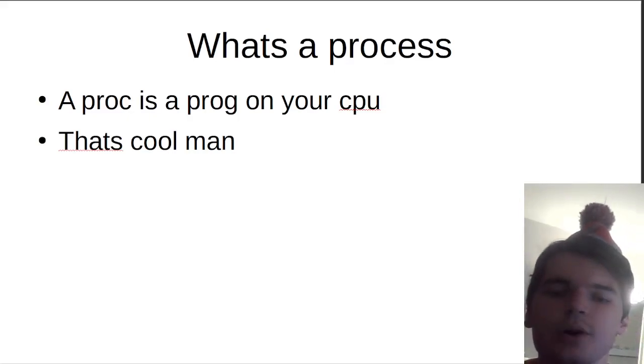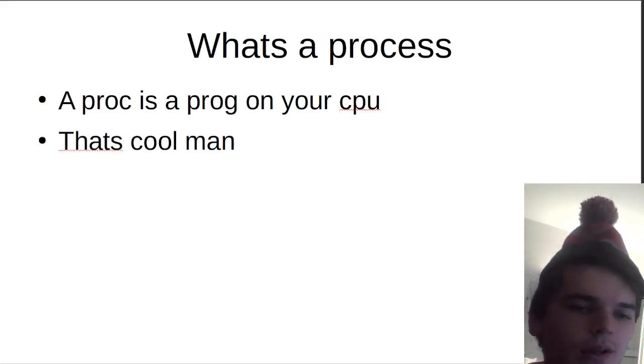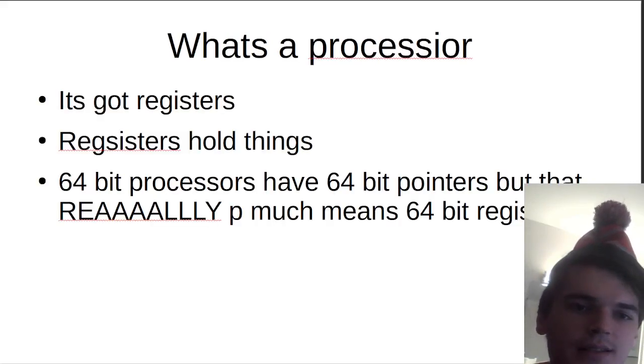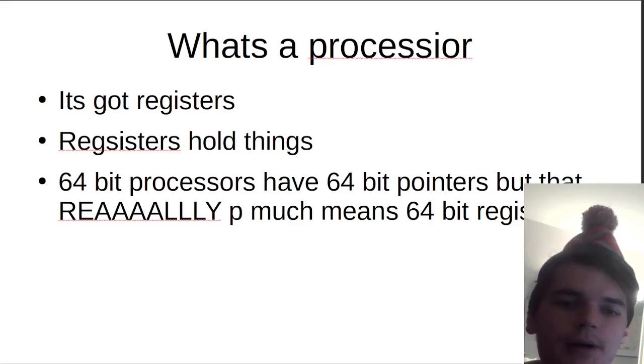But what's a process? A process is a program when it's on your CPU. That's cool, man. But what's a CPU? I don't know. What's a processor? Processors have registers. Your registers can be pretty big. A lot of them today are 64-bit processors, which means they have 64-bit pointers, but that really means they just have 64-bit registers.